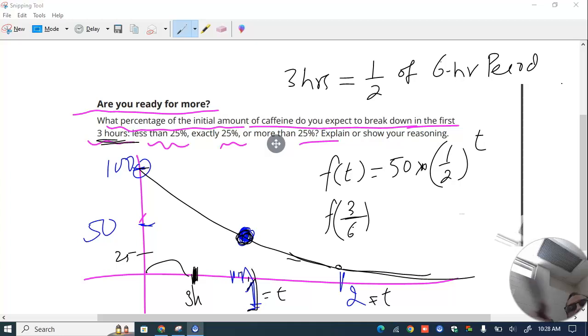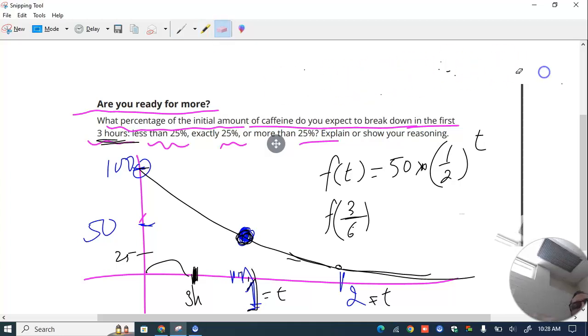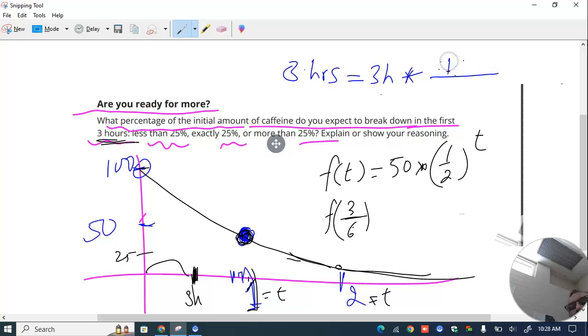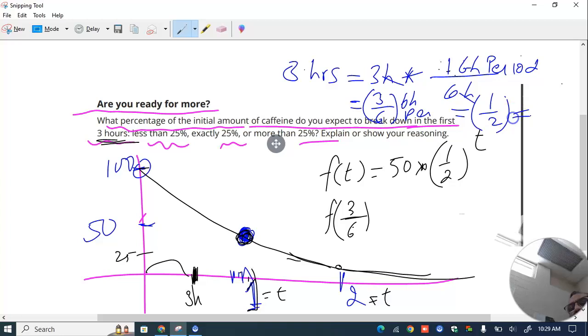Or if you get confused by what I'm writing, let's do it like this. 3 hours times 1 period over 6 hours, because 1 6-hour period is the same as 6 hours. So the hours cross out and you get 3/6 of a 6-hour period, which is also half of a 6-hour period. So t is half there.